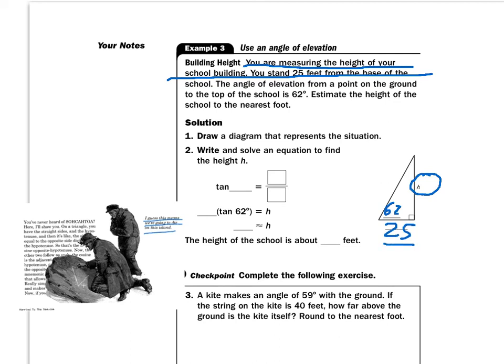So I'm going to do the tan of 62 equals the opposite over the adjacent, which is simply going to be the tan of 62 times 25. And if I do that, I get that my school building is approximately 47 feet tall. That seems like an awfully big school building, like 5 stories tall or something.